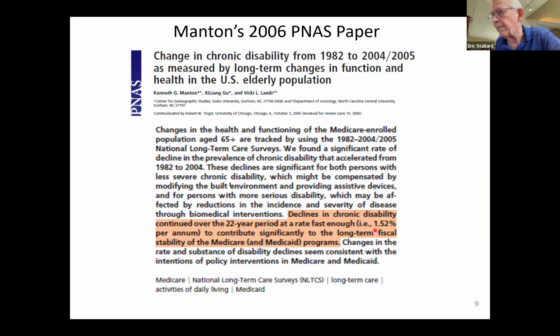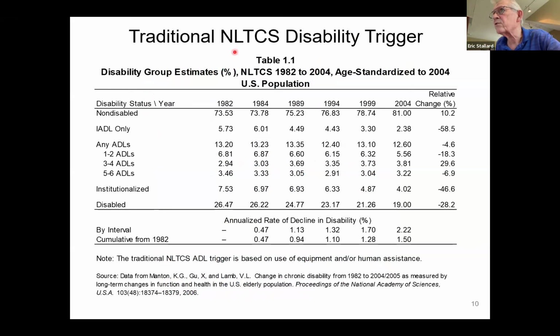That was certainly the view of many people, that we were in for a huge increase in chronic disability among the elderly population. What happened was there was a decline. This table here is pulled from Manton's paper, and the key numbers are that we went from 26% at the beginning of the survey classified as disabled down to 19% 20 years later, and the decline rate was again around 1.5% per year.